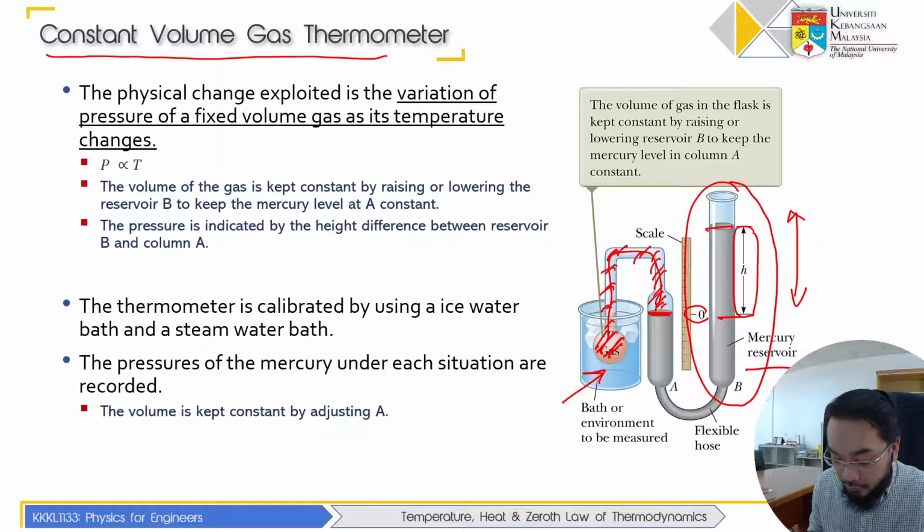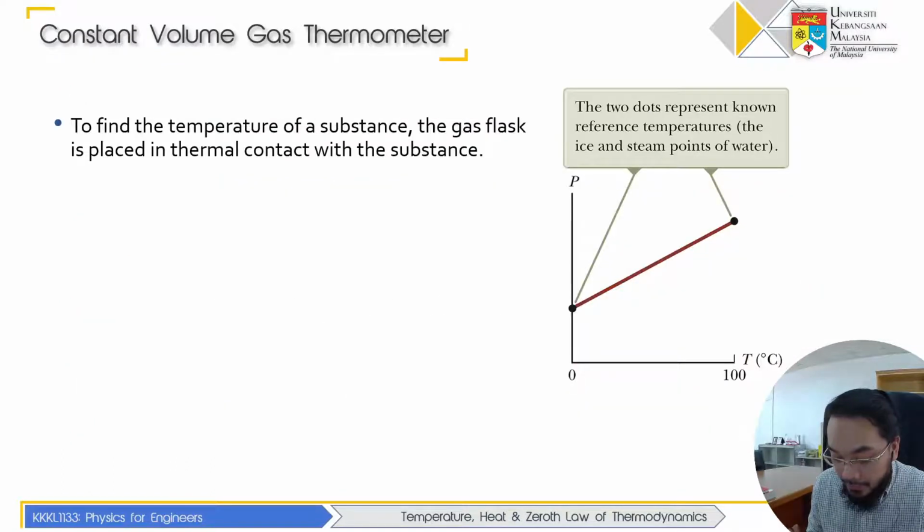Okay, so what we do is that we change the liquid to be in ice or to be boiling. And then we know when it's boiling, it's 100. When it's inside ice, it's 0. So we plot 0 and 100, and then we can have a straight line. So this should be our line to describe how the pressure changes with temperature inside the thermometer.